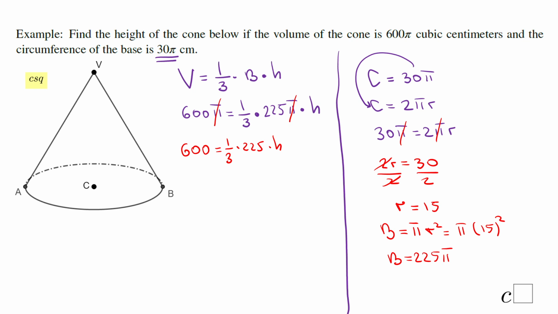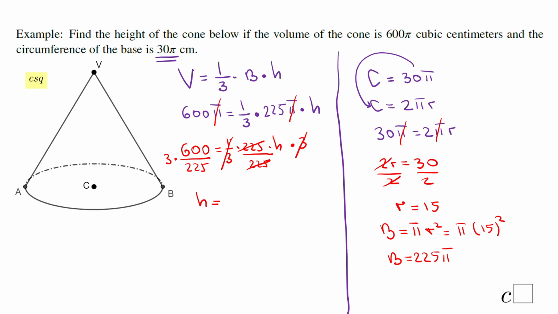So how are we going to solve for h? If you said, oh, it's multiplying by 3 because you want to cancel this 1/3, that's correct. And then divide by 225, that's correct also. So divide by 225 on the left side and multiply by 3. And we have the height.